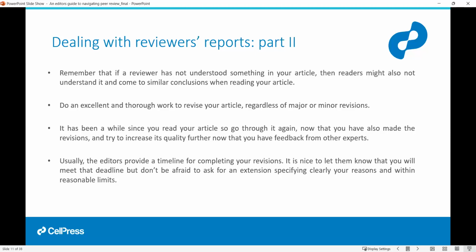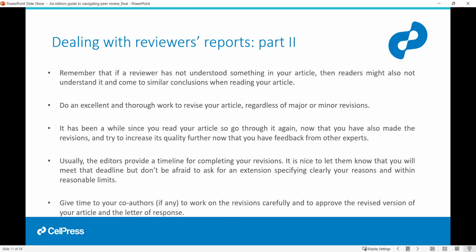The editors usually will provide a timeline for completing your revisions. This is in line with what the journal wants. It's nice to let them know that you will meet the deadline, but if you need an extension for any reason, don't be afraid to ask. Specify clearly your reasons and ask for the extension within reasonable limits. If it's 2 weeks or 1 month, it might be fine, but if it's a year, then probably it's not okay for the journal.